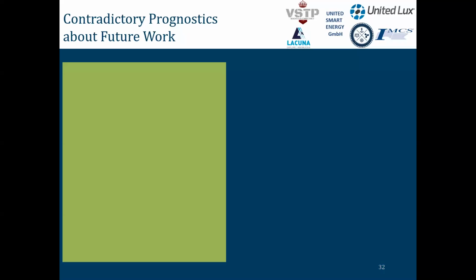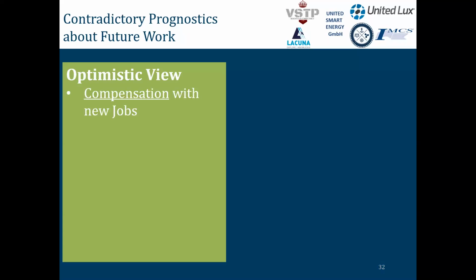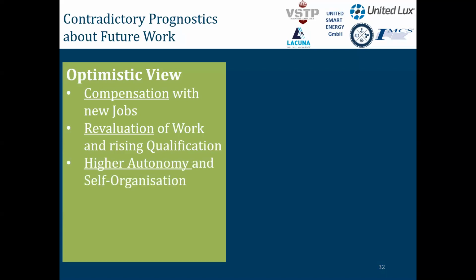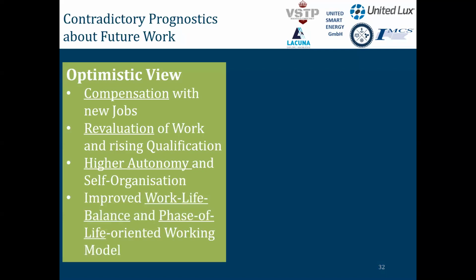Some of them say it will all get great with industrial automation and with robots. There will be new jobs, even more jobs, they say. Work will change, but it will be revalued, with other or even more qualifications. But you also have high autonomy and self-organization, maybe even work-life balance and a life-oriented working model.